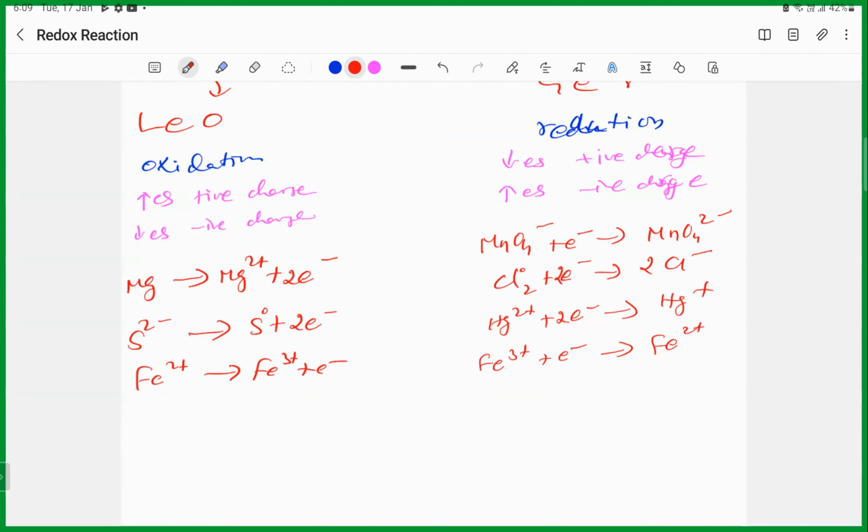According to the electronic concept, an oxidizing agent is a substance which accepts electrons. A reducing agent is a substance which involves loss of electrons during the redox reaction.